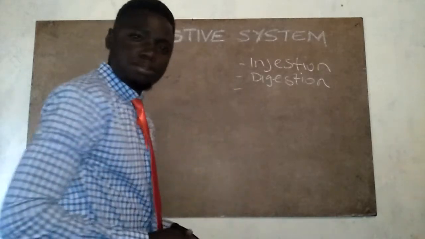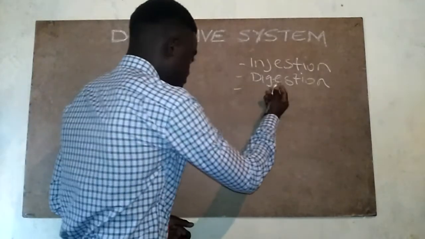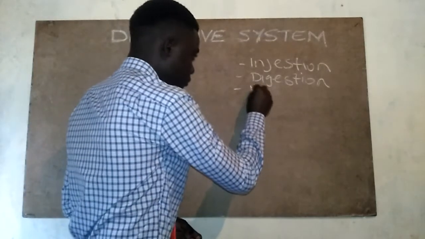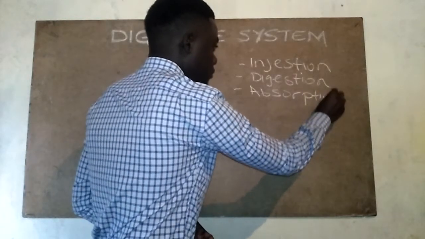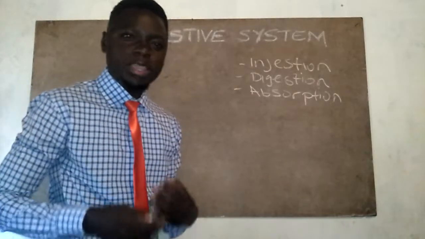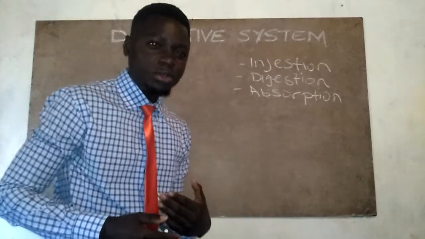The other process is absorption. Now, absorption involves the food being absorbed from the GI tract into other parts of the body.